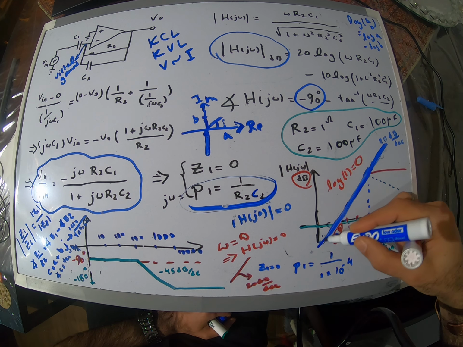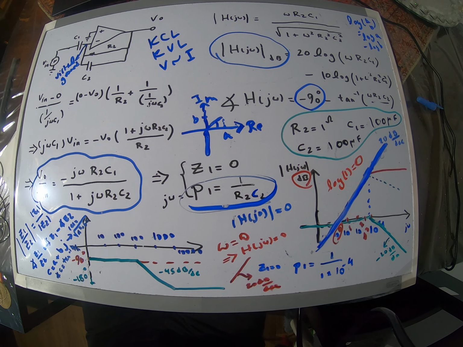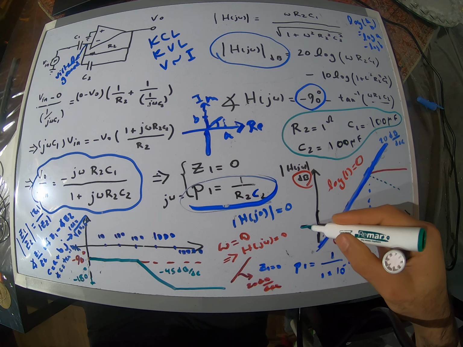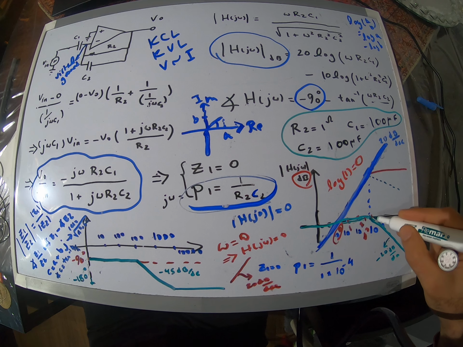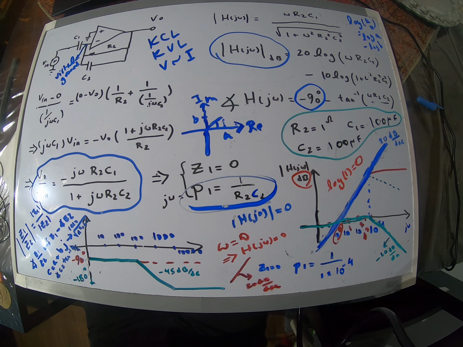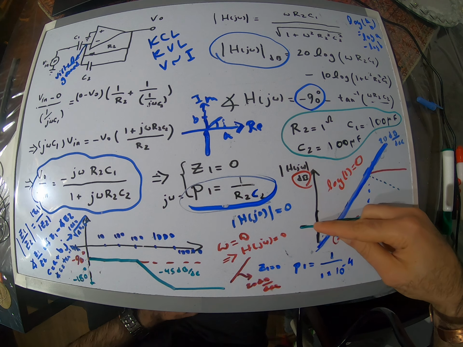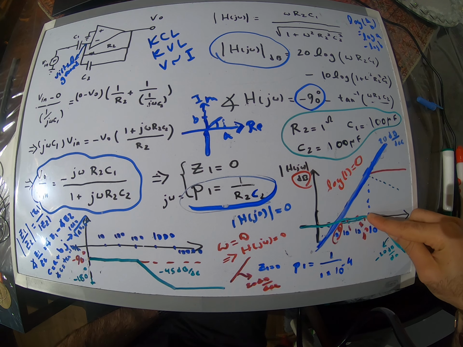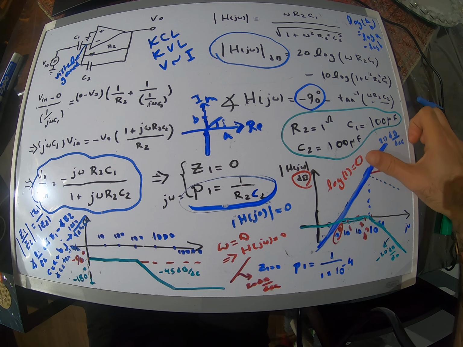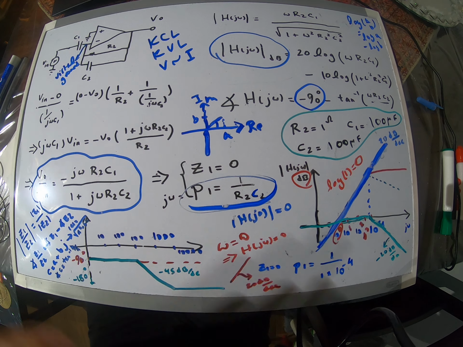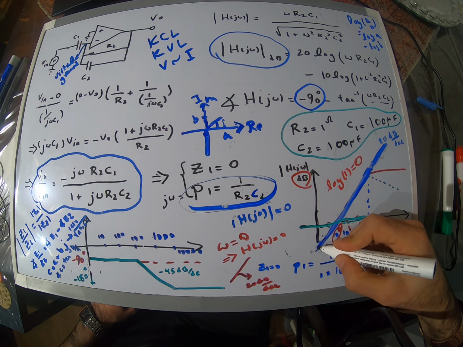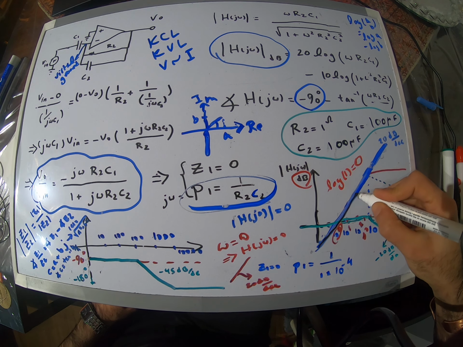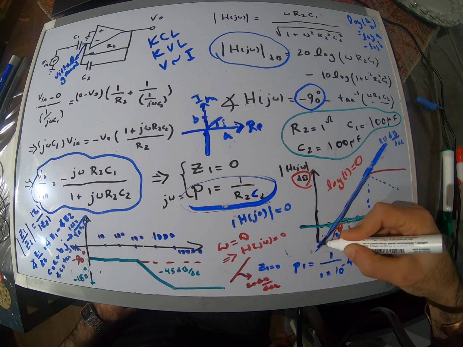Okay, so we have two components now. We have a pole and we have a 0. So we basically just have to add them up, right? You see that the pole doesn't have any impact up to 10 to the power 4. So everything is going to be our 0 behavior up to this point.